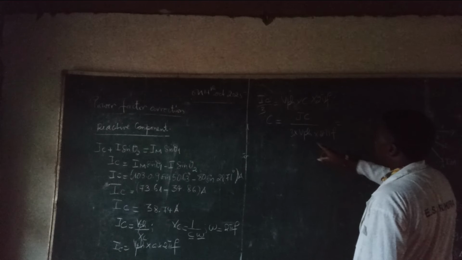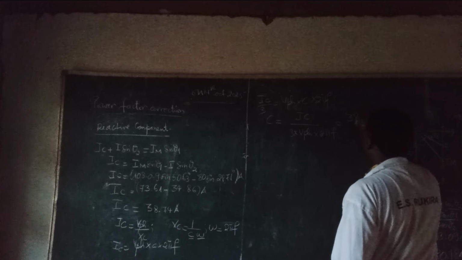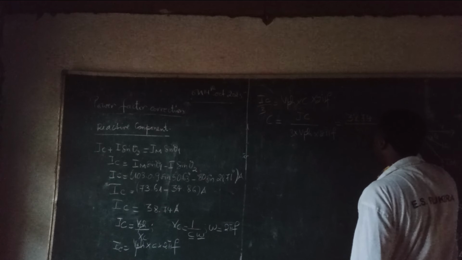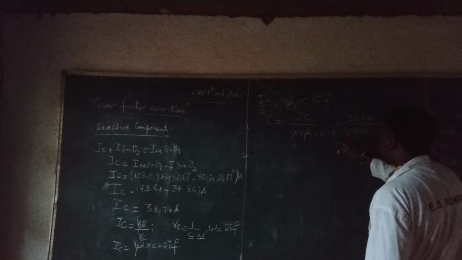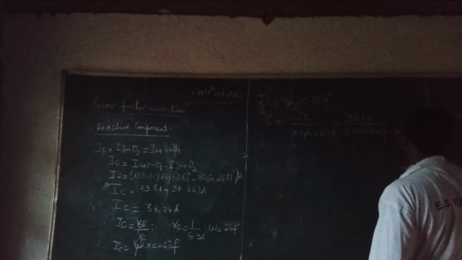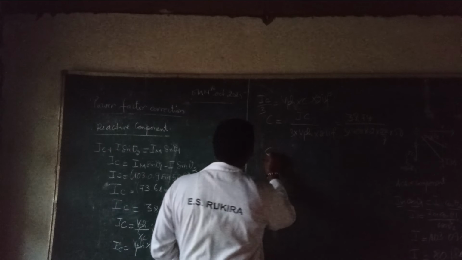Remember, the IC we have got is the total current the capacitor bank will consume, that is 38.74 amps divided by 3 times 400 times 2 times 22 over 7 times 50 hertz. And now let's see the value of C. Let's use the calculator.